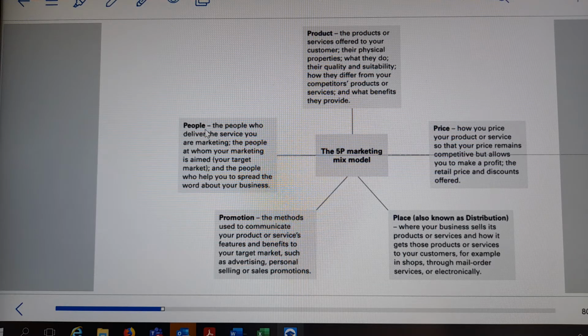It's the people who deliver the service that you are marketing, the people at whom your marketing is aimed, and the people who help you to spread the word about the business. And this is the 5 P's of marketing mix model.